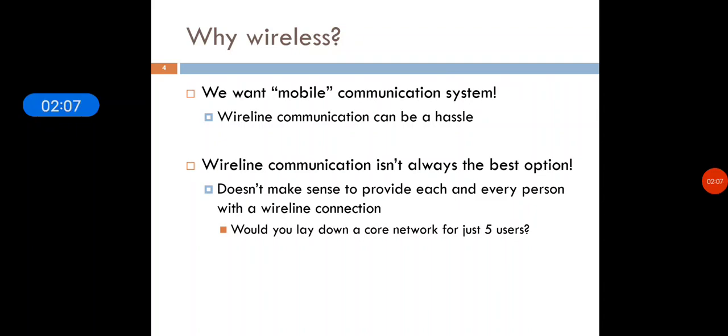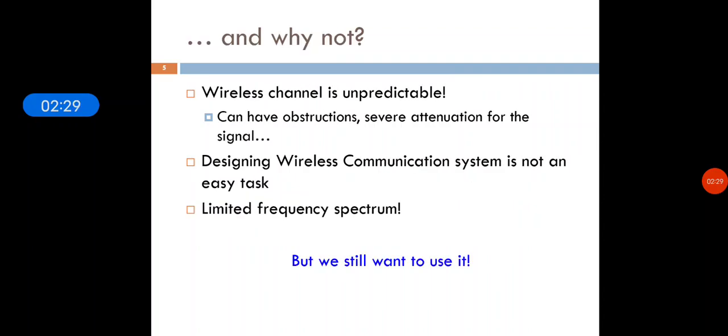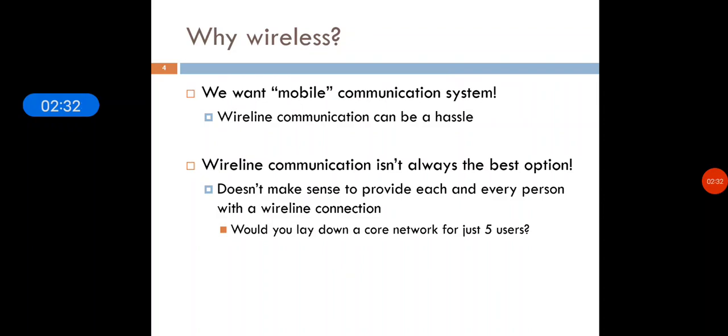We don't want our network connected with a huge number of wires. A huge number of wires must be annoying. This is the reason that we want our connection without any wire. We are using wireless communication.